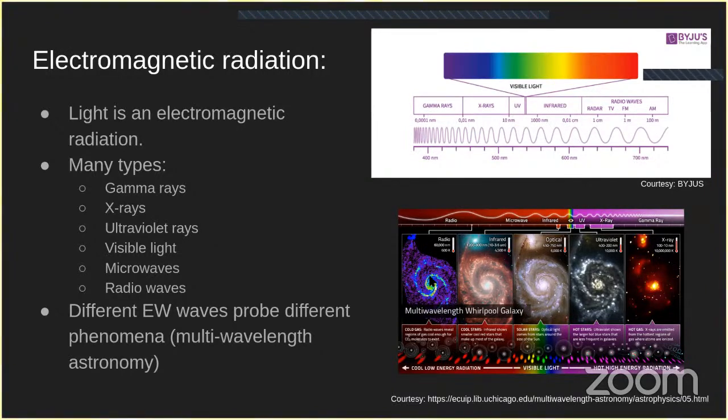Whereas radio waves, because they are very low energy radiations, are emitted from anything above around 600 Kelvin. So as you go across the spectrum, you probe different sections or different phenomena occurring in the same object. And this is called multi-wavelength astronomy.